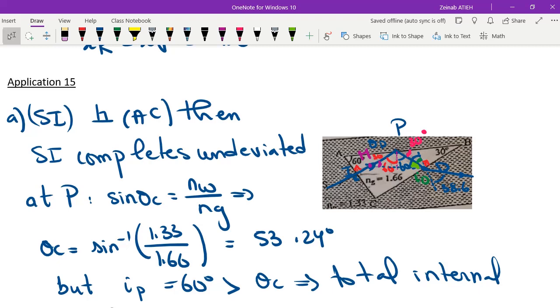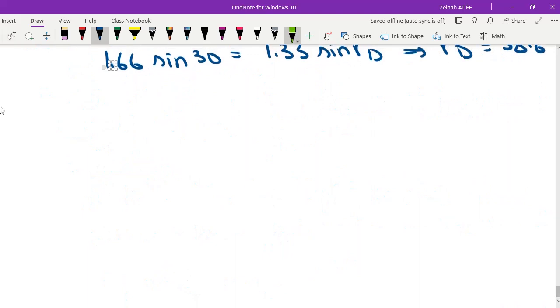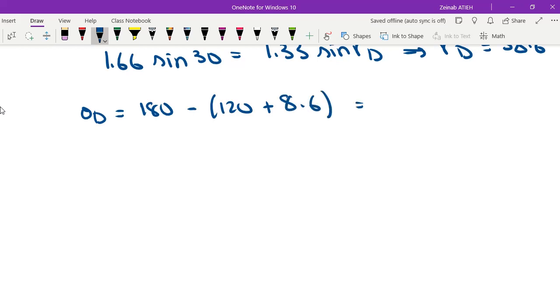Let's write that. Theta d equals 180 minus (120 plus 8.6), which is equal to 51.4 degrees.